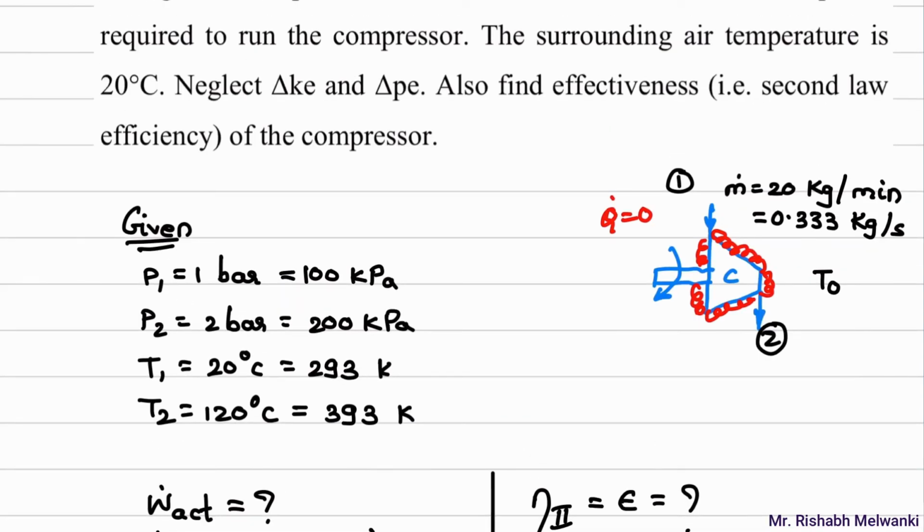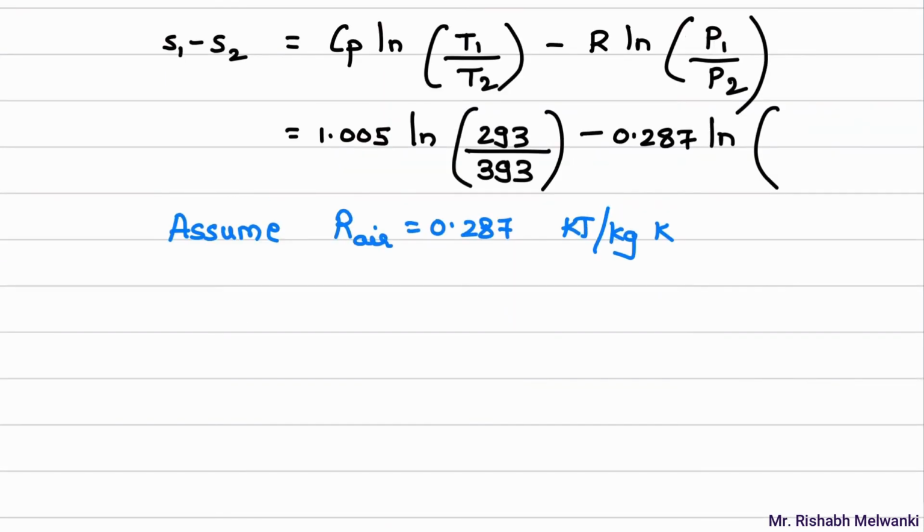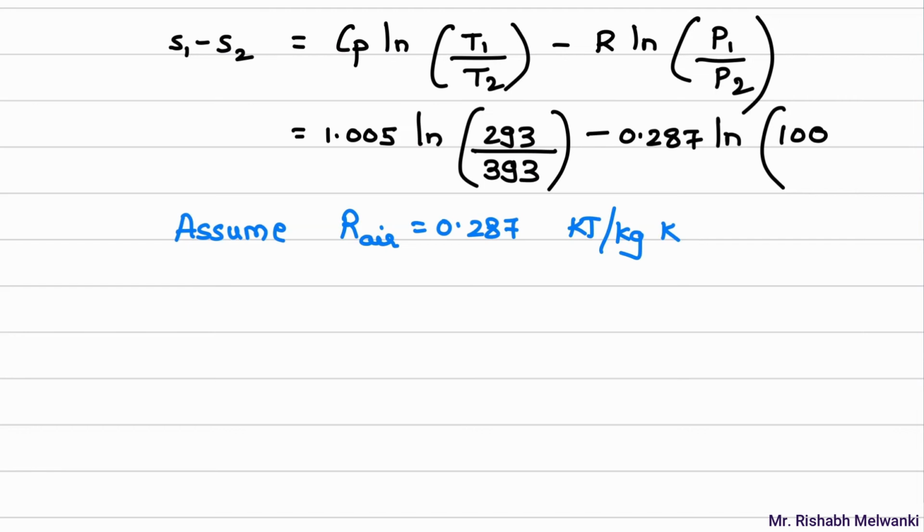See the question: 100 divided by 200. From here I can calculate s1 minus s2, which is minus 0.096 kilojoule per kg Kelvin.